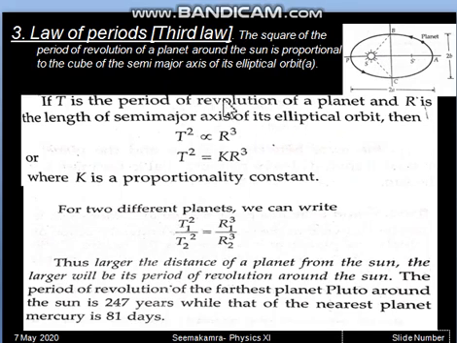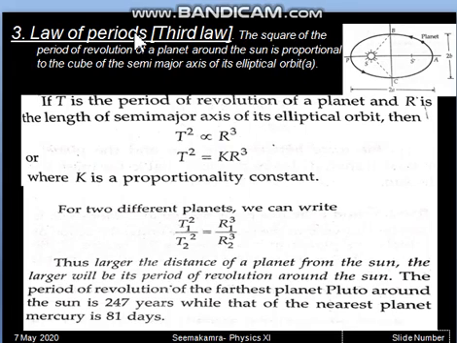So the statement of the third law is this: the square of the time period, that means suppose the planet takes T time to complete one revolution around the sun, is always proportional to the cube of the semi-major axis. So we can write a here, or we can write r. It was given in the third law that T square is proportional to r cube.